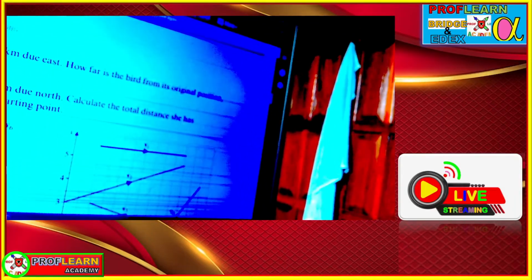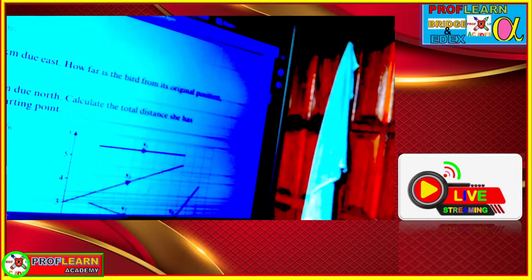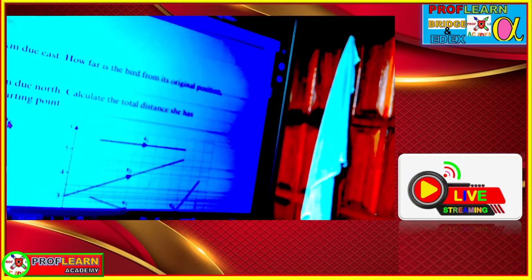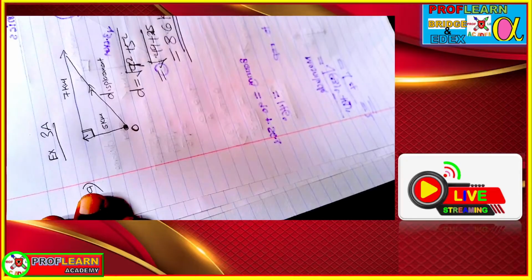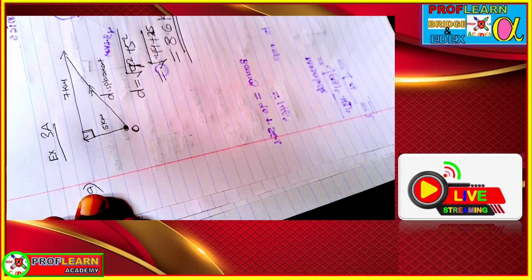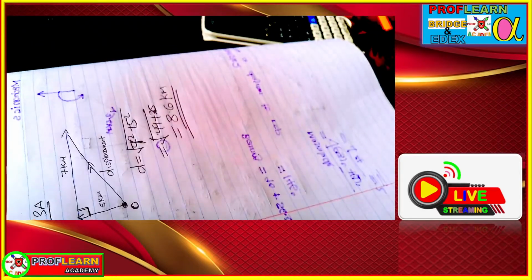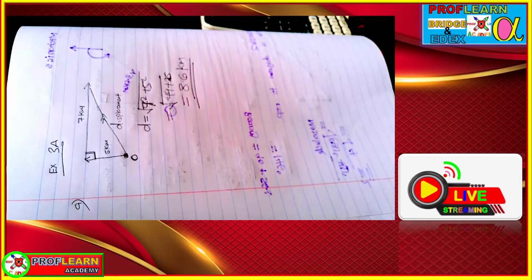Here we are told that a girl cycles 4 kilometers due west, 6 due north. Calculate the total distance and her displacement from the starting point. I think that one is straightforward.